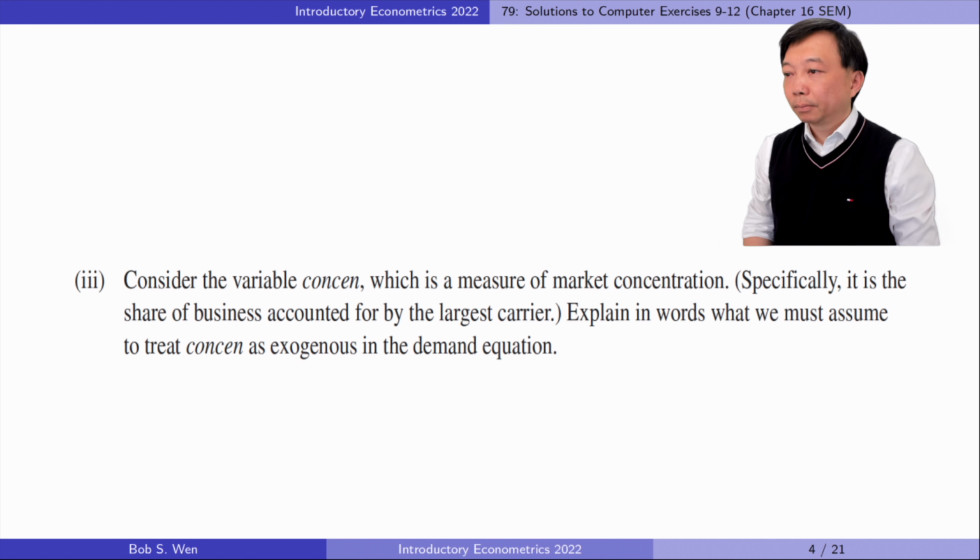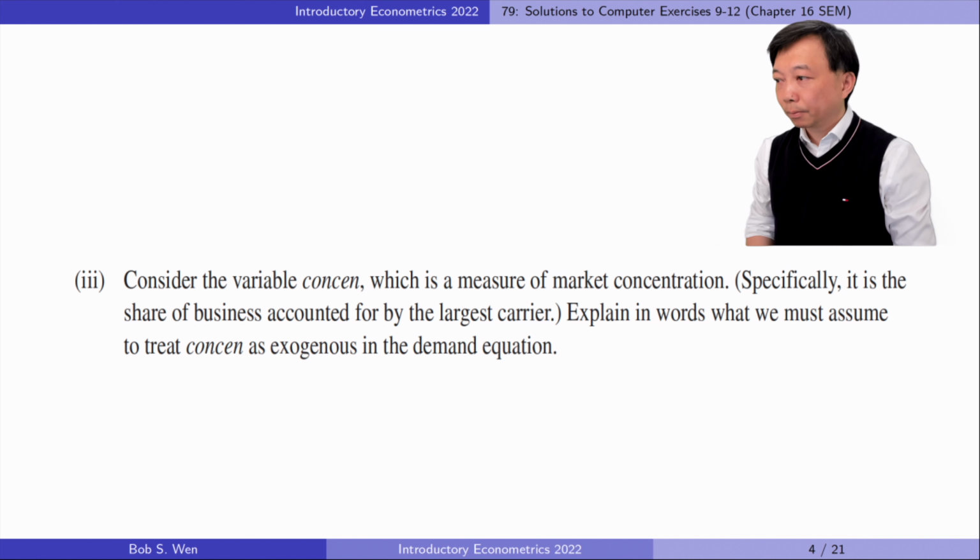In part 3, consider the variable concentration, which is a measure of market concentration. Explain in words what we must assume to treat concentration as exogenous in the demand equation. The variable concentration should not be correlated with the error term μ1 in the model.